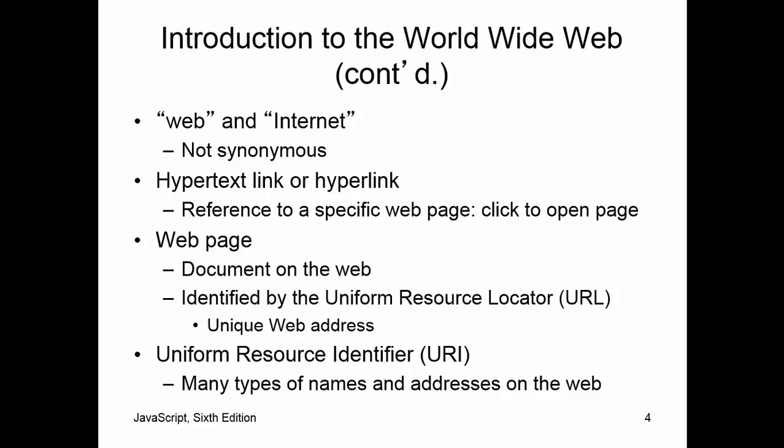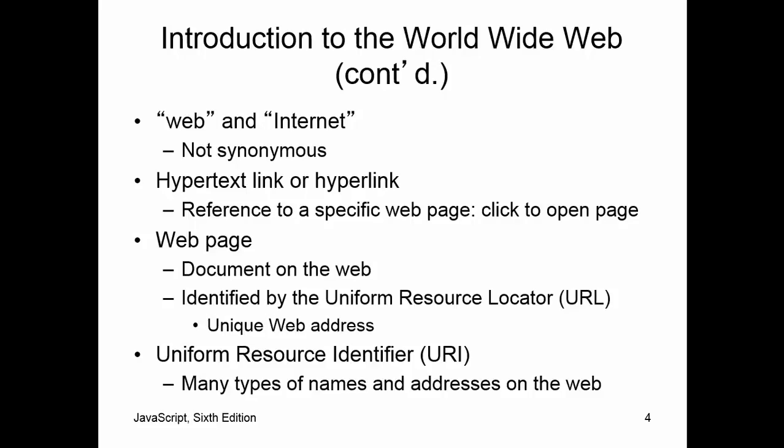So a couple of terms that you'll have to understand. A web page is a document on the web. Typically, when you have a website, if you want to bring that website up, you'll bring up some kind of URL, which is a uniform resource locator, and a URL is a subset of a URI, which is a uniform resource identifier.